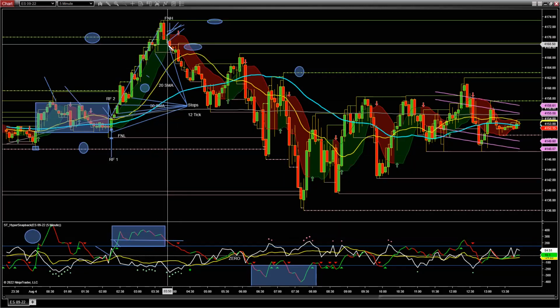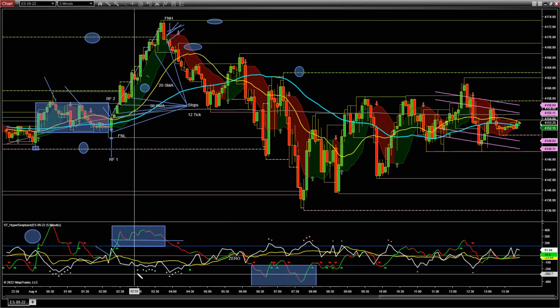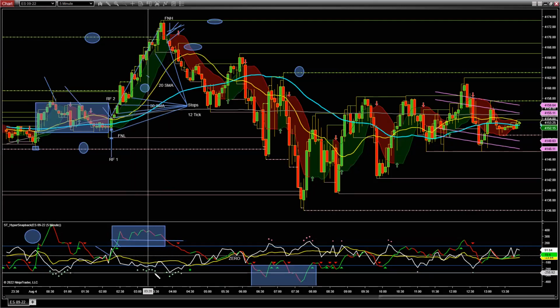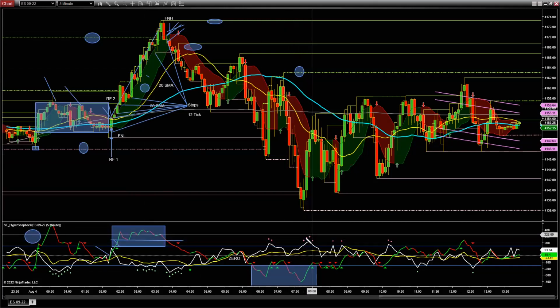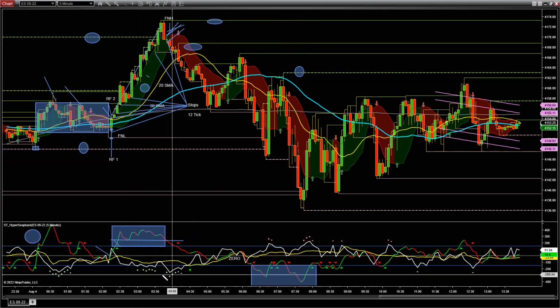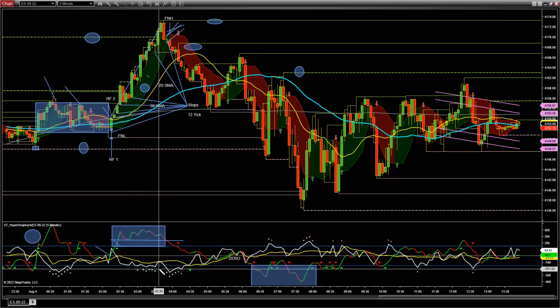We don't need to go short yet, but we need to confirm the short because we do have white snapbacks. That's the cherries here and the grapes. This is a cherry and this is a grape, which is showing you price wants to fire back up.